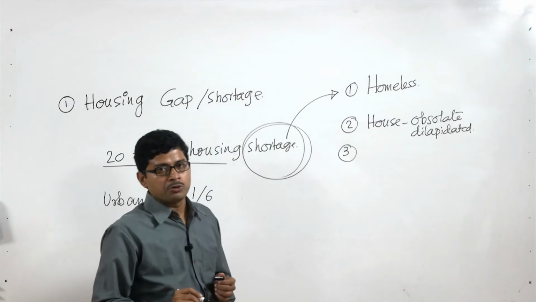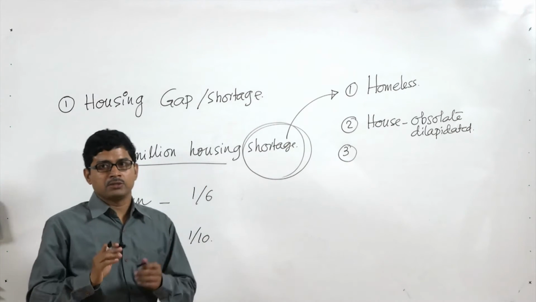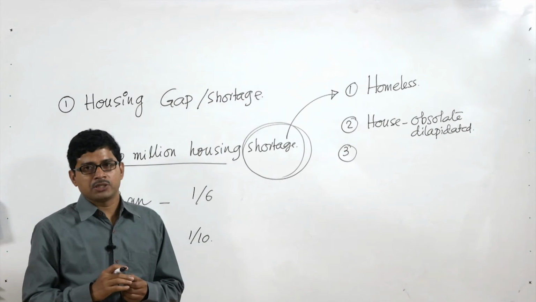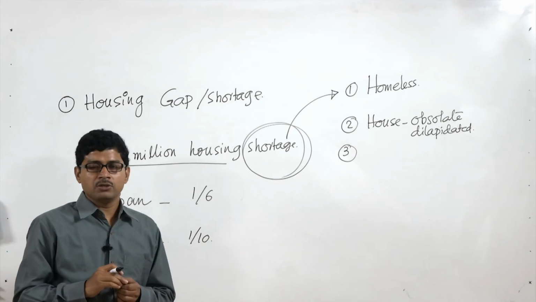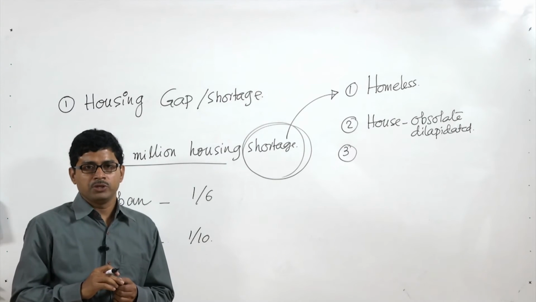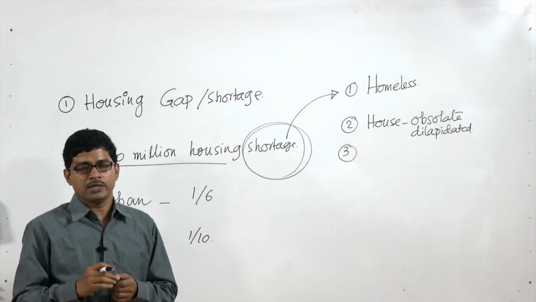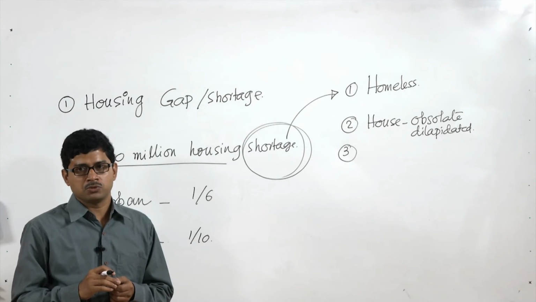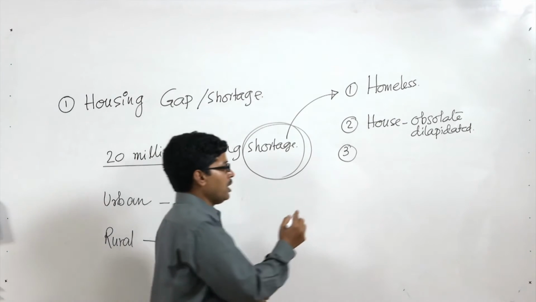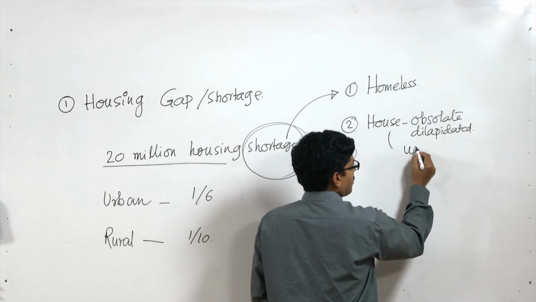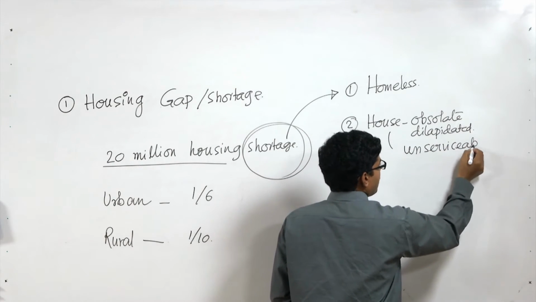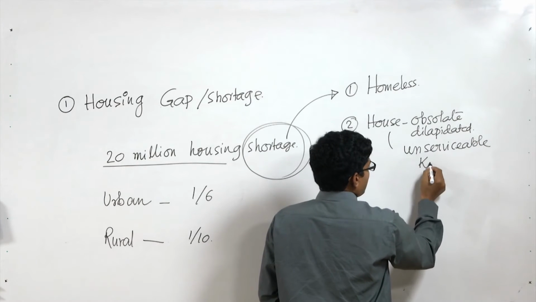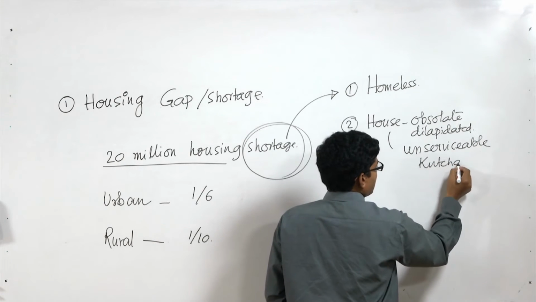That means those houses are in a structural condition which is not livable, and which may cause at any time any disaster or any damage to the property. So sometimes it is called unserviceable kacha structure.